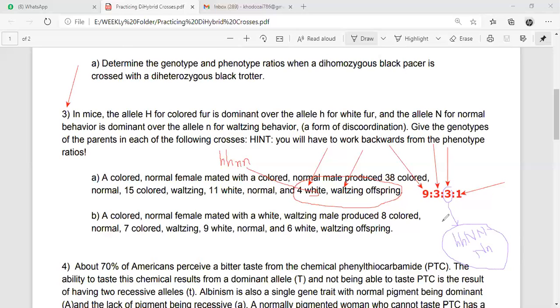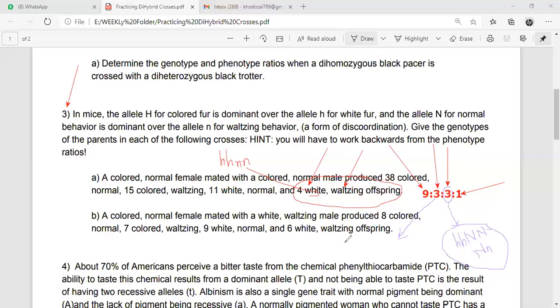Now the others are colored and waltzing, correct? One trait is dominant and one is recessive, so obviously this will be vice versa.